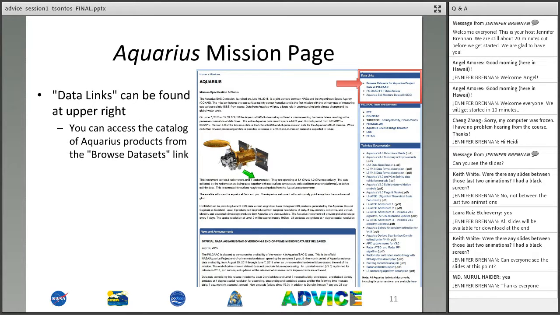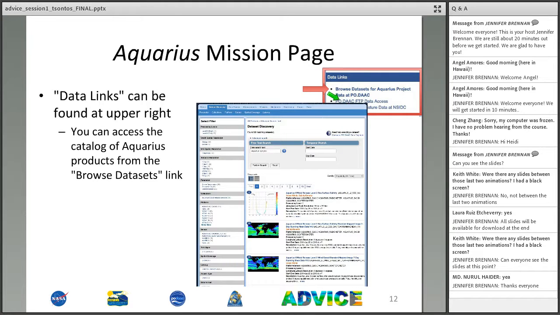Okay, another group of links within this page is the data links at the top. You can click on Browse Datasets, essentially to get a listing of all the current version 4.0 Aquarius data sets that are cataloged at the PO.DAAC.